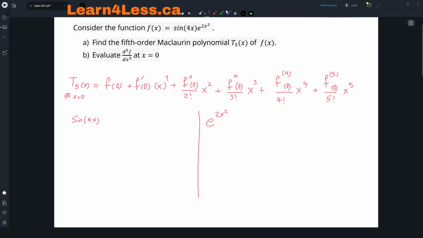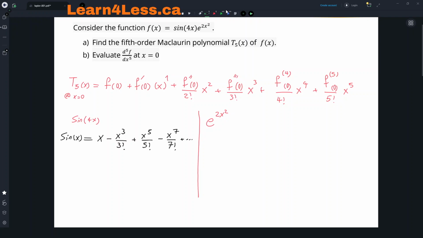So what we know is that sine of x at x equal to 0 is approximately, I just write the equal sign for now, x minus x cubed over 3 factorial plus x to the 5 over 5 factorial minus x to the 7 over 7 factorial, and so on.